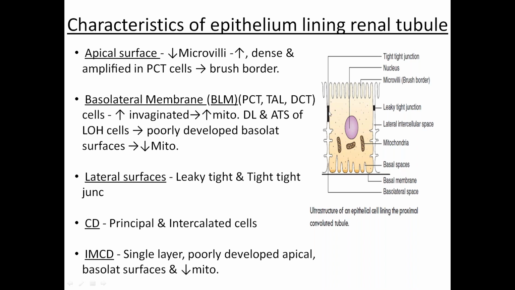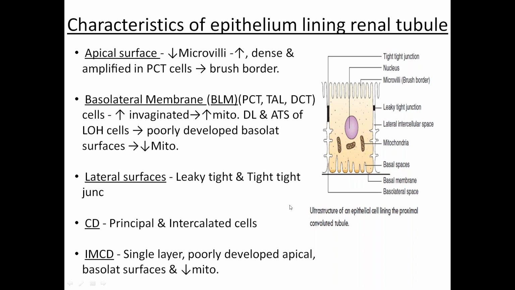Then your cortical collecting duct is also composed of two kinds of cell types, which we'll talk about later on in detail. One type is principal cells. They have a moderately invaginated basolateral membrane and contain fewer mitochondria.